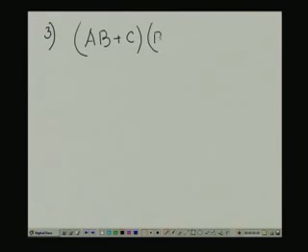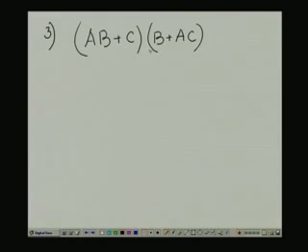So, this is question number 3, and the problem is (AB + C)(B + AC). First, we take the sum of min terms.